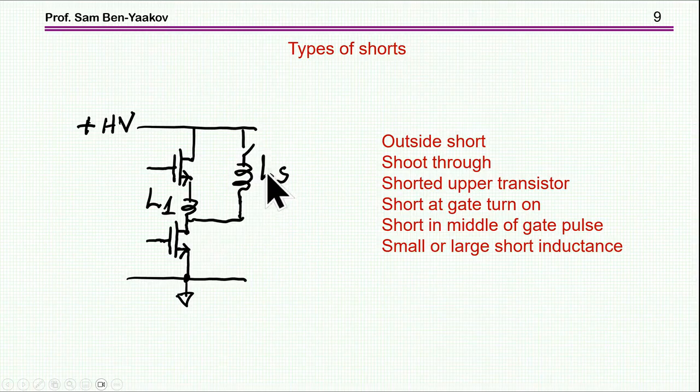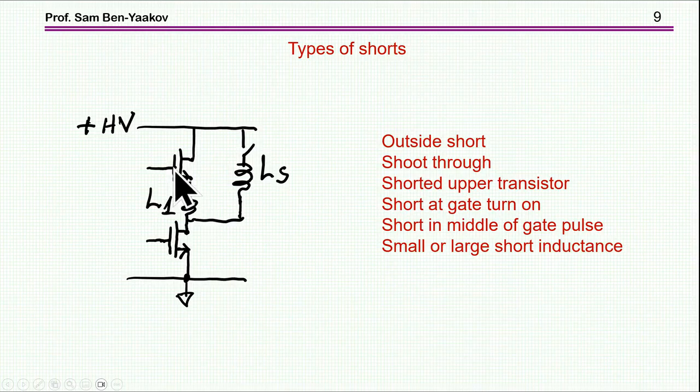So there is an inductance here, there's also an inductance in between these two. This is sort of representing a generic half bridge, could be an inverter, a rectifier, or any other circuit. And then we can recognize a number of situations of shorts. There is an outside short, this is a short like this, could be a shoot-through short like this between the two transistors, could be a short at, say, the upper transistor.